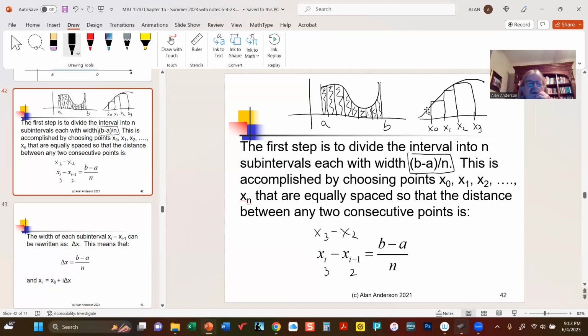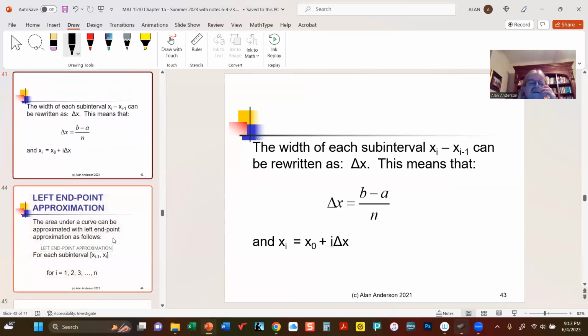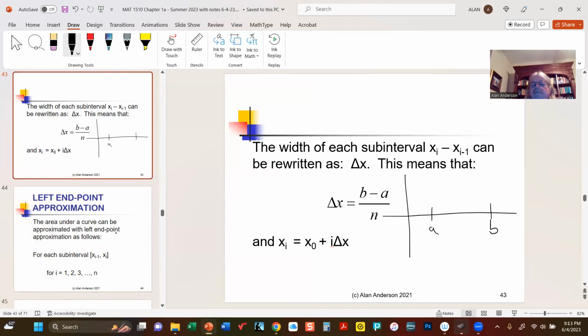So we're going to define delta x to be that constant width between the two. Let me try to draw this again. We're basically breaking this up. In this case, we have 1, 2, 3 intervals.